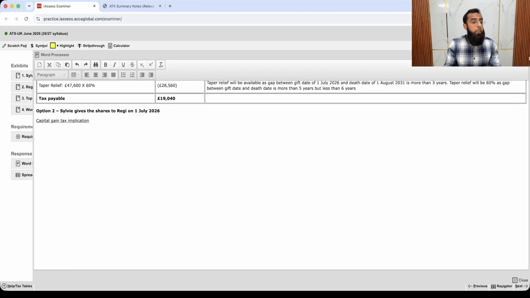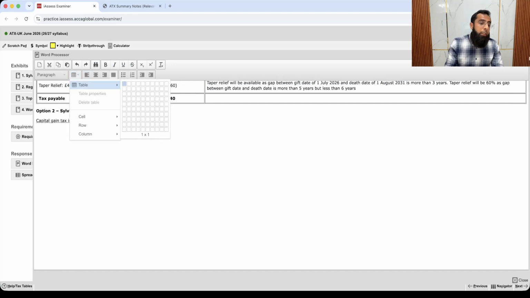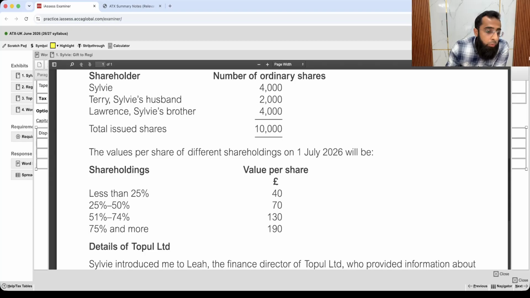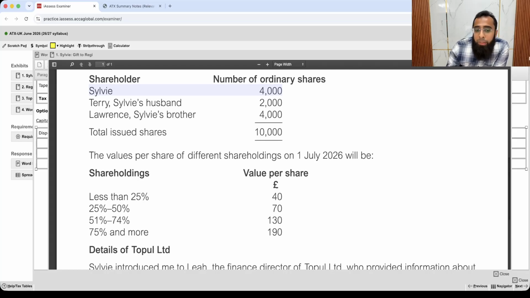Okay. Now what will happen? You will calculate the capital gain tax implications. Disposal proceeds are equal to market value. Okay. 4,000 shares are being gifted. What is the market value of 4,000 shares? Obviously 4,000 shares is a situation of 25% to 50%, because 4,000 shares is 40% shareholding in total. Sylvie has 40% shareholding. It lies in this bracket.